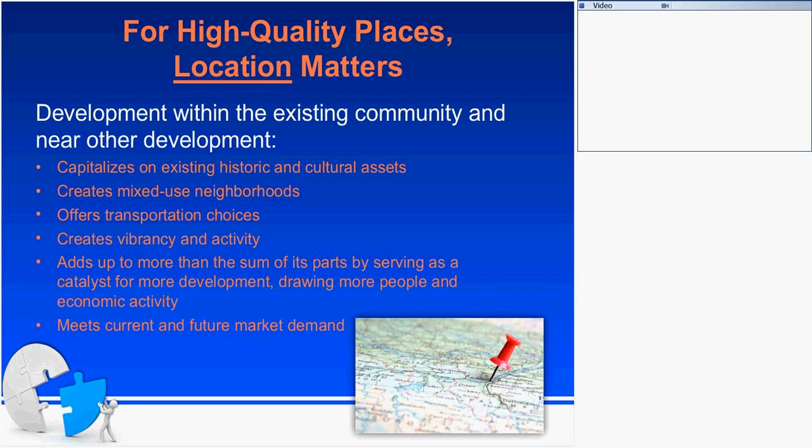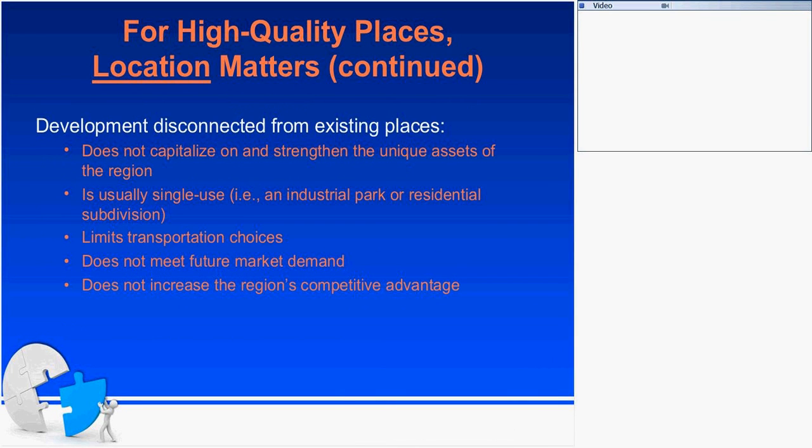So, in other words, investing in your existing community in places like traditional main streets and downtowns, and historic neighborhoods or existing neighborhoods, can really improve quality of place in your community. And of course, as I said before, all of these slides have the script, and some of them have additional resources as well that you can read about to get more information on these topics.